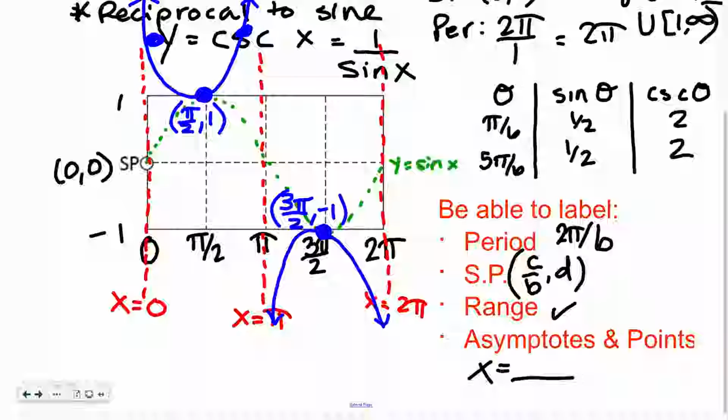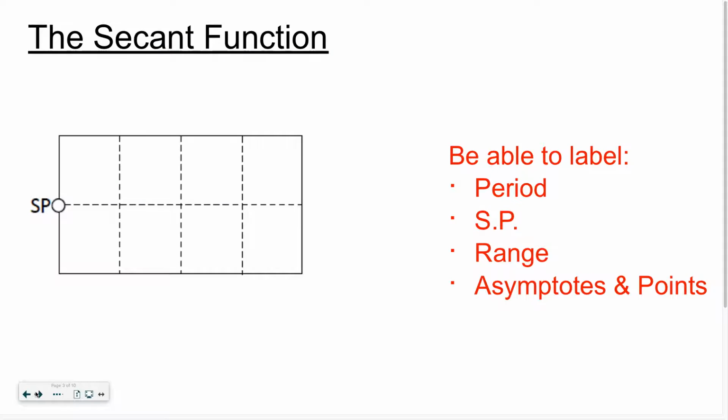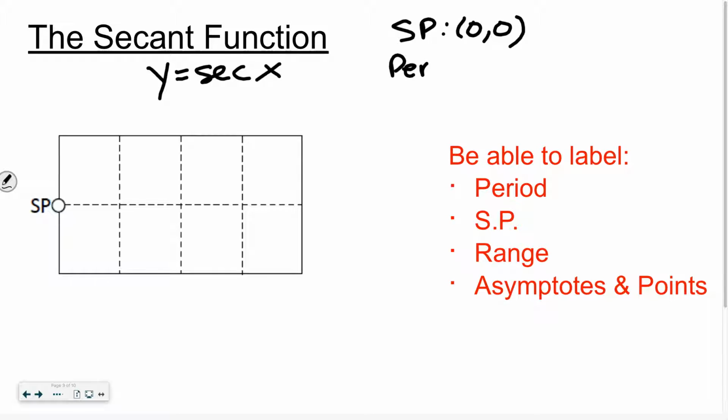All right, let's see cosecant. Or sorry, we already did cosecant. Let's see secant. I'm going to do less work for this one, but essentially I'm doing the same thing. The starting point will be 0, 0. This is the reciprocal to cosine, so the period is 2 pi over 1, which is 2 pi.